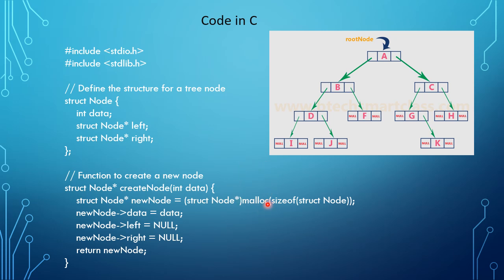But malloc gives the memory in the form of single bytes, and we have to get 3 partitions of 2 bytes. So the struct node star statement tells it to assign the memory in the form of the struct node defined data type.